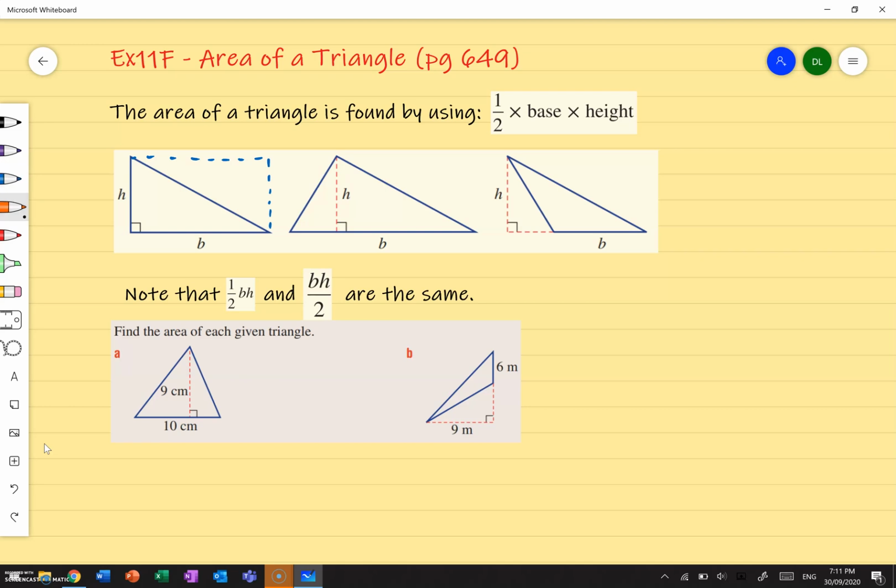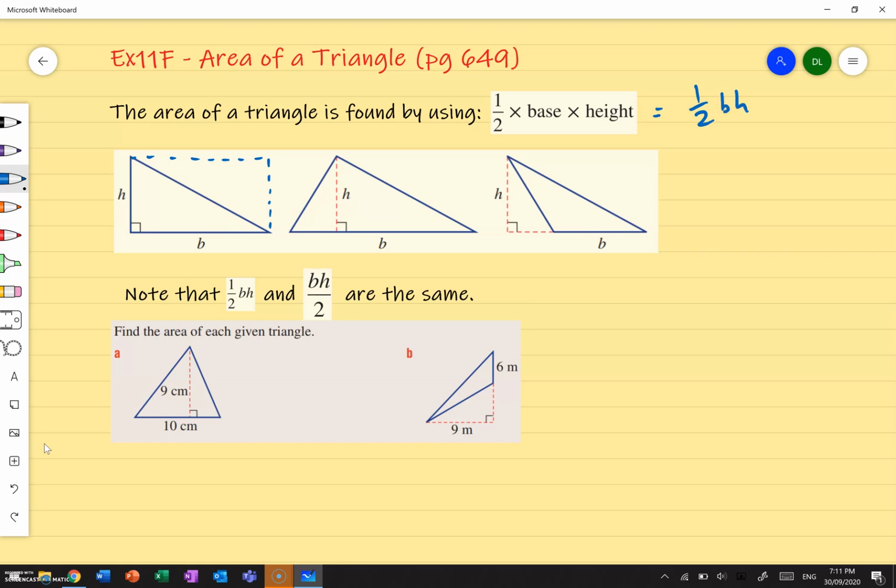Okay, so if the rectangle is this orange shape over here, remember that the area of a rectangle is length times width, or in this case, base times height. So if I halve it, it'll actually give me the area of the triangle instead, which is why we have the formula of half times base times height. Or in other words, half BH, same thing.